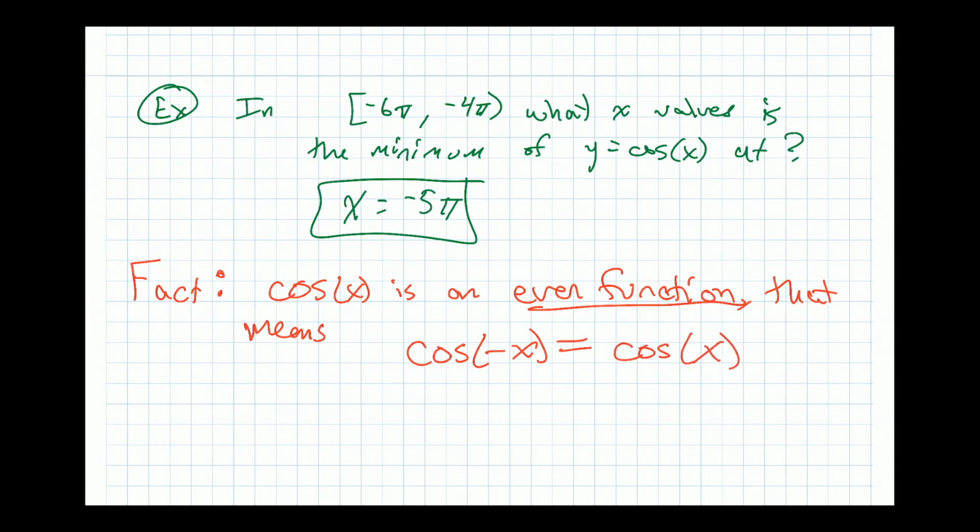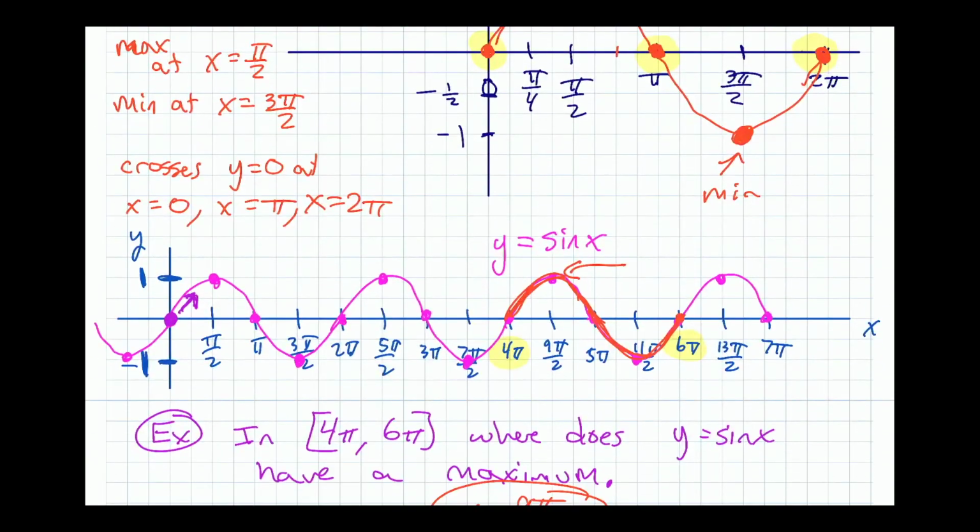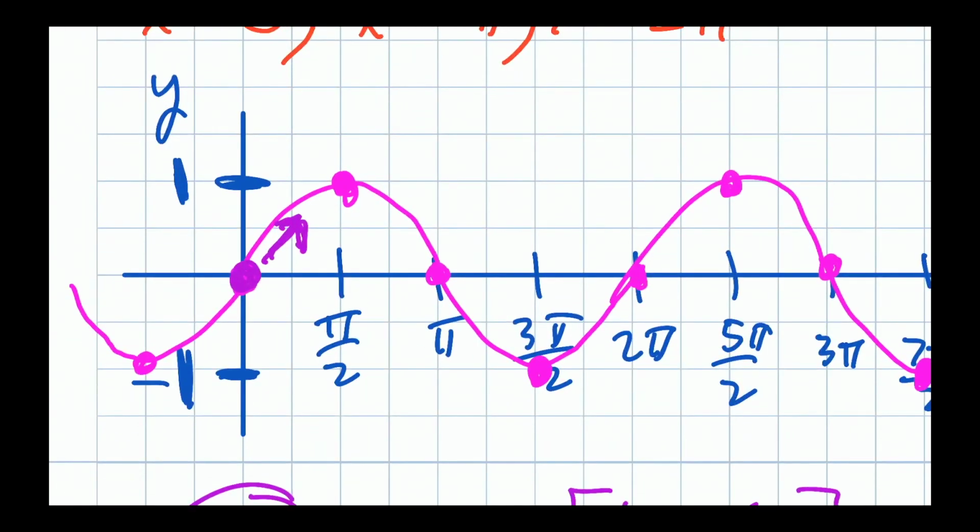Now the reason that's the case is because just look at the graphs here. So look at sine. Remember what sine did right here? What happens over here for the sine is actually, if you go to the other side of 0, right? 0 is right here, it is negative, right? So on the right it's positive and on the left it's negative.